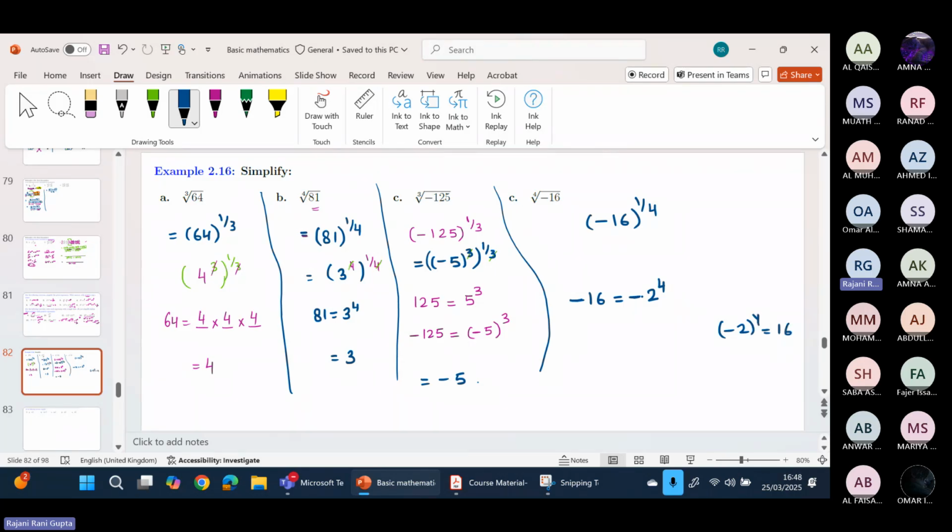So I have to keep the number minus here. This will not give you a real number. So you write it as minus 2 power 4, all power 1 over 4. This 4 and 4 cancel, but for minus, it will still remain there.